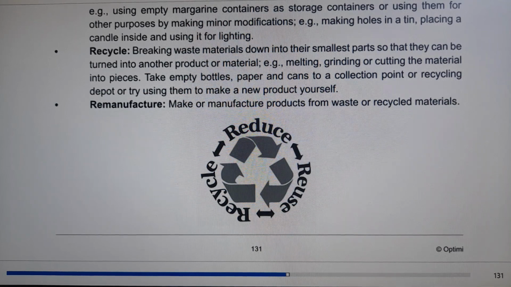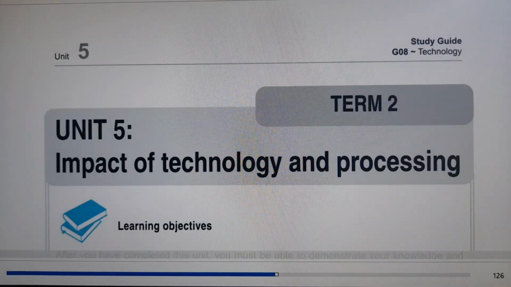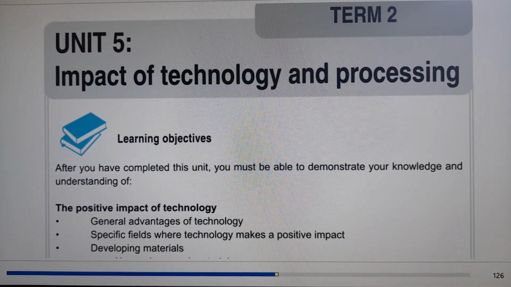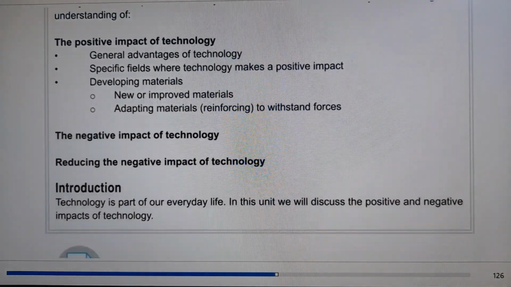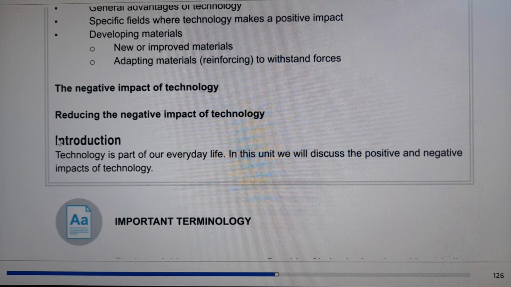One more thing, please write the notes from page 126 to page 131, okay, to where we have ended. Let me see, 126, so that I can tell you where you need to study. So you will write the title, Impact of Technology and Processing, and you will start with the introduction.